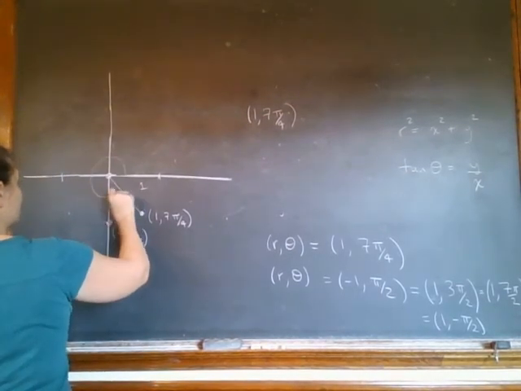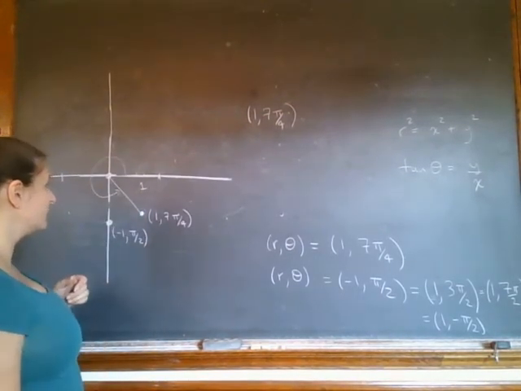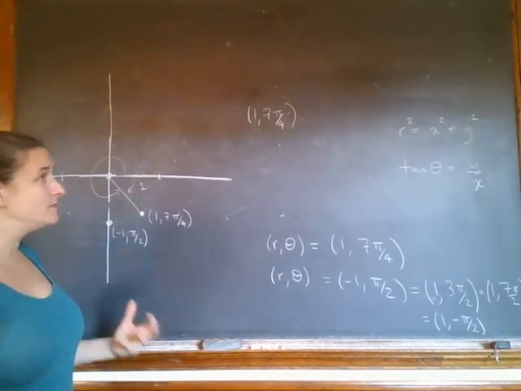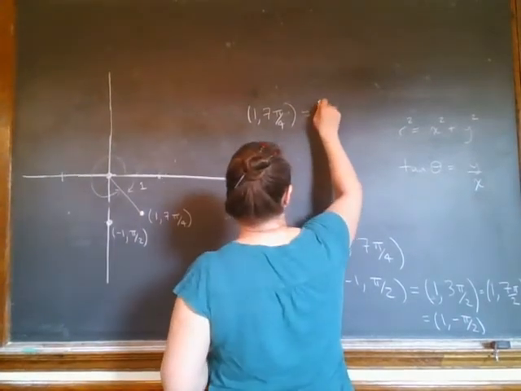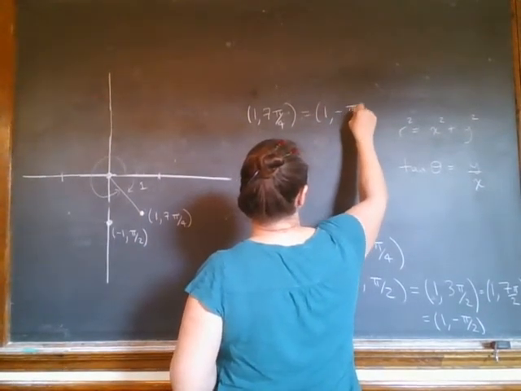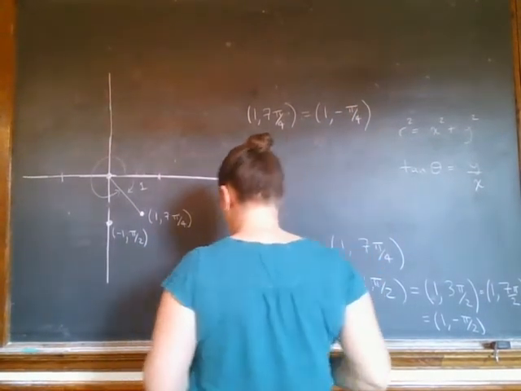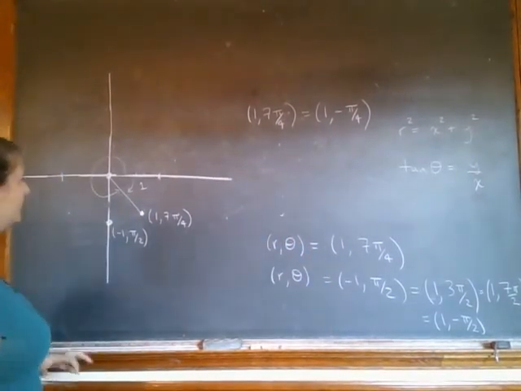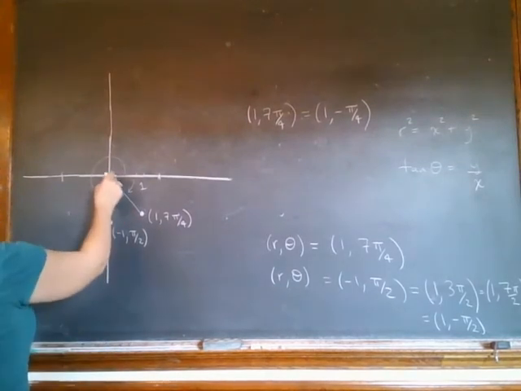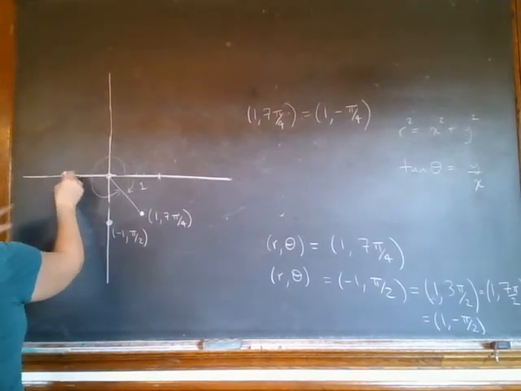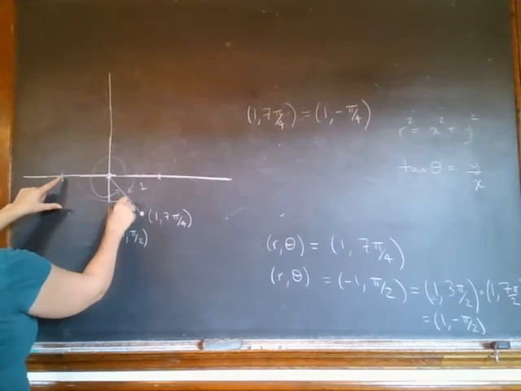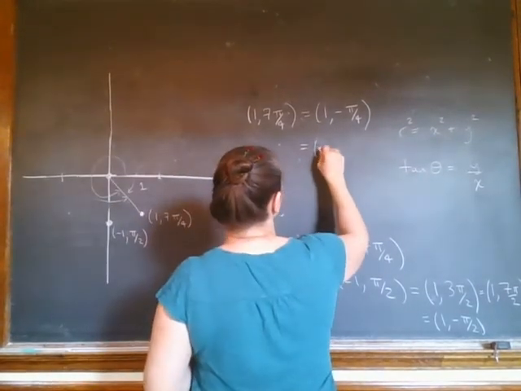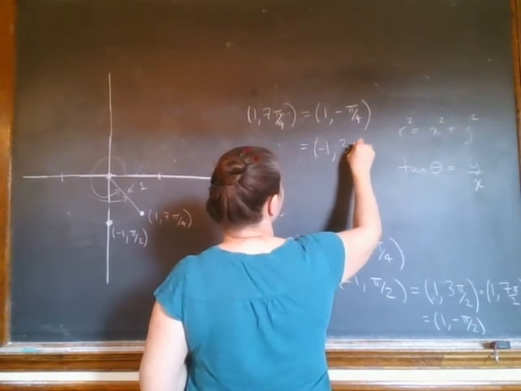So this angle is 7 pi over 4, which means if I want to do this angle, it would be minus pi over 4. Right? And if I wanted to do the other kind of weird one with a negative, I would go out to here, and from here to go there, that would be 3 pi over 4. So it would be negative 1 and 3 pi over 4.